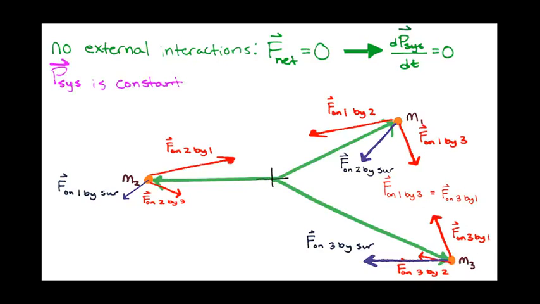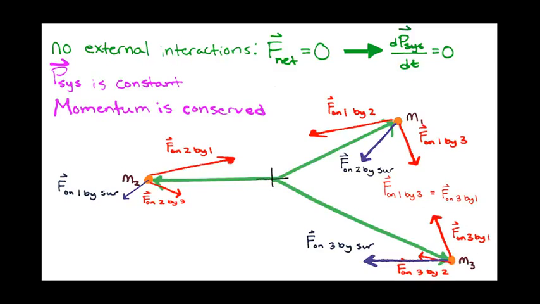It has the same constant vector value. If this is true for our system, then we say the system momentum is conserved. Notice this is true even if the particles are pushing and pulling on each other, and individual particles in the system could be undergoing changes in their momentum. The overall system momentum can't change as long as the net external force is 0.